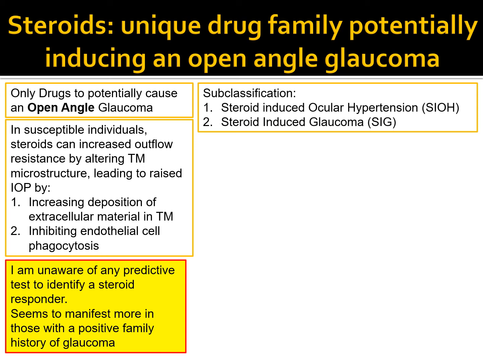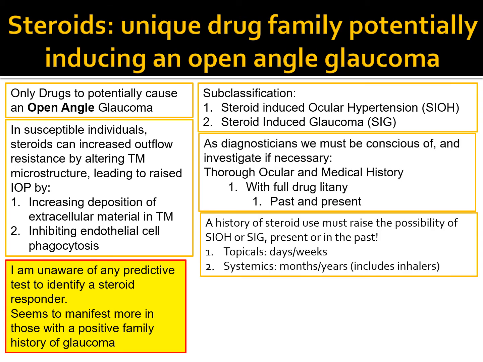There may be one, I just don't know. But basically, you have to just clag it in and see what happens. And if the pressure rises, then you know you've got a steroid responder. But they do say it does seem to manifest more in a family history. So, as diagnosticians, though, we must be conscious and investigate, if necessary, these sorts of things.